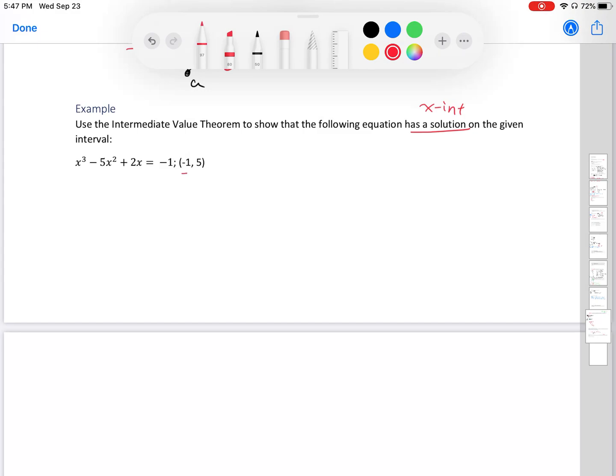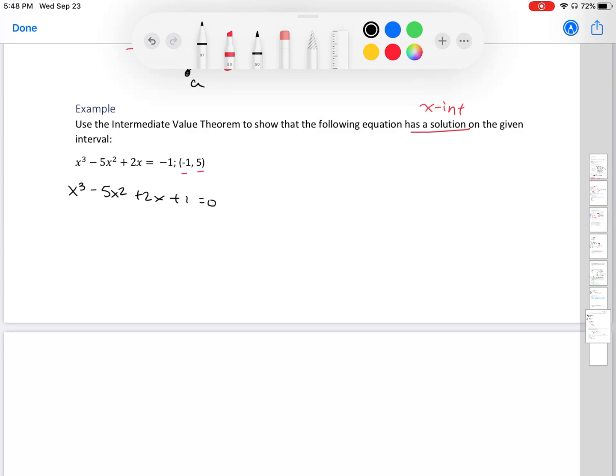I'm testing the numbers negative 1 and 5. Oh, just kidding, I need to move over the 1. So I have x cubed minus 5x squared plus 2x plus 1 equals 0.